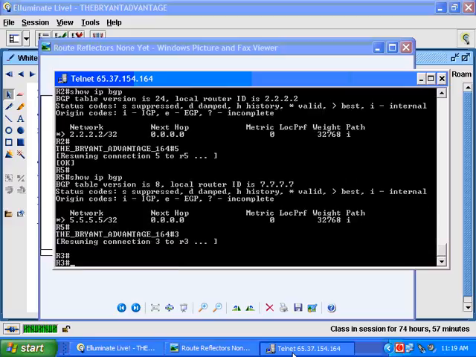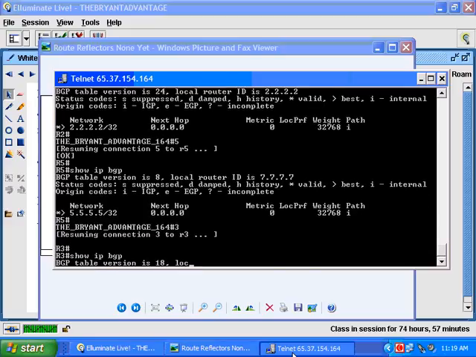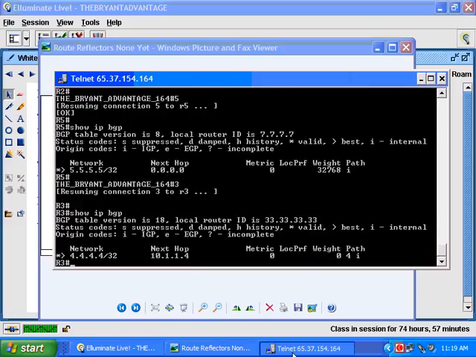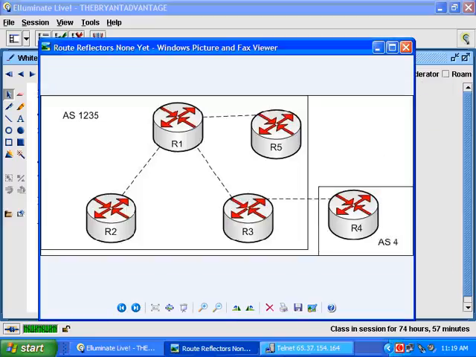It's still not learning any of the other routes. And router 3's looks exactly the same. The issue again, BGP split horizon. Router 1 is learning about router 2 and router 5's loopbacks from internal peers and therefore cannot advertise them to another internal peer. So right now BGP split horizon is running our network.